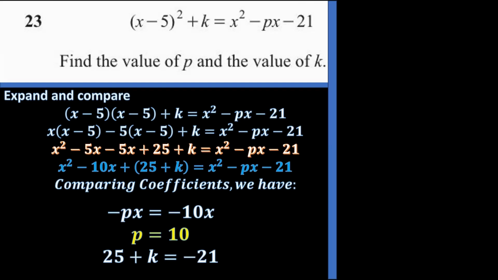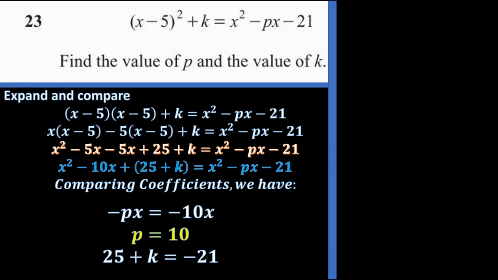Of course, the s squared here will cancel out. And so the coefficient of s from the left expression is minus 10.